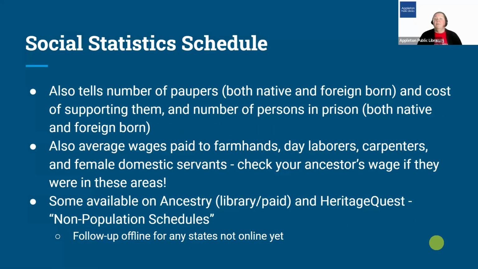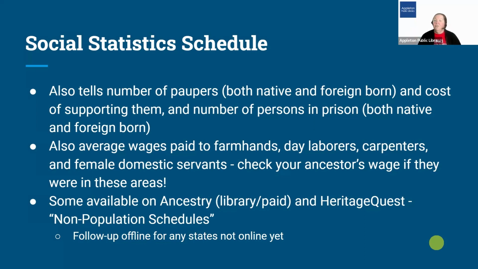This also tells the number of paupers, both native and foreign-born, and the cost to support them, as well as the number of people in prisons, both native and foreign-born. It also gives some cool information about average wages, so how much farmhands were paid, how much day laborers, carpenters, and domestic servants.